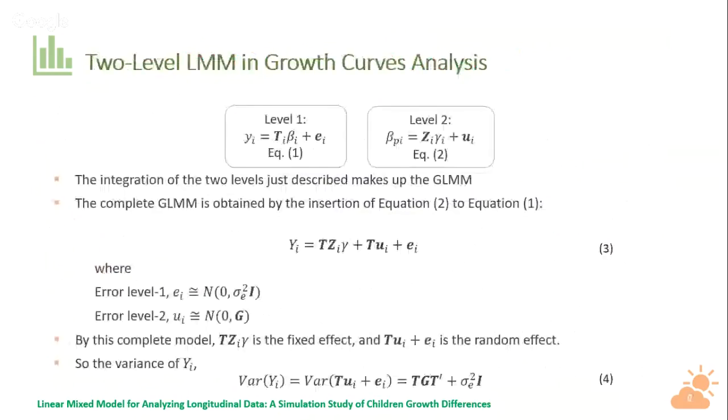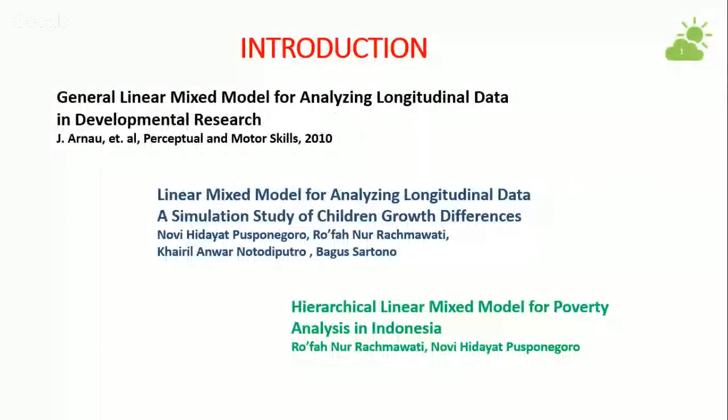In this compilation, we know that for every generated data, the unstructured by the minus 2 log likelihood is always the best model. But we know that unstructured is not efficient in parameter estimation.